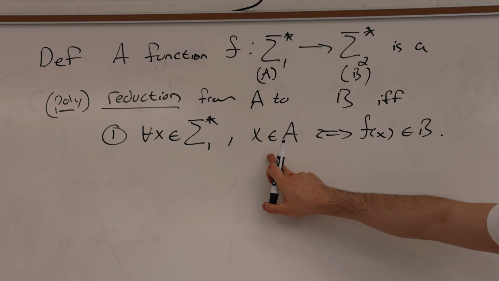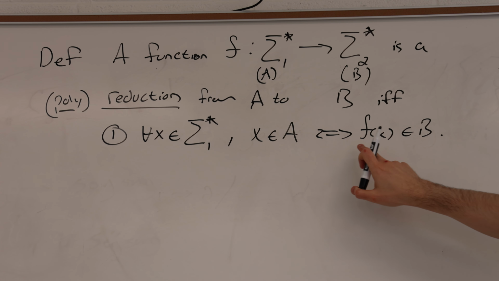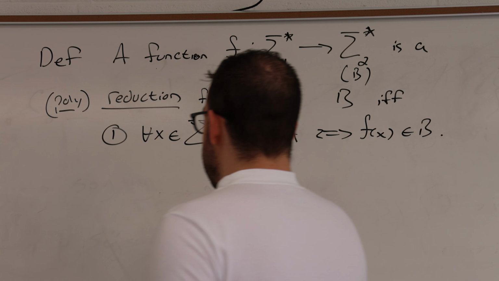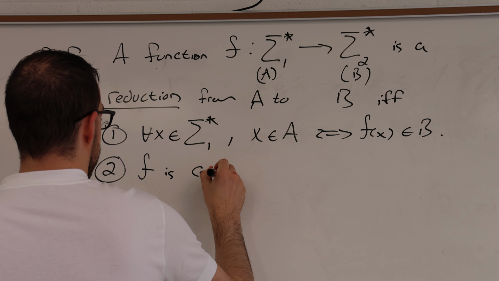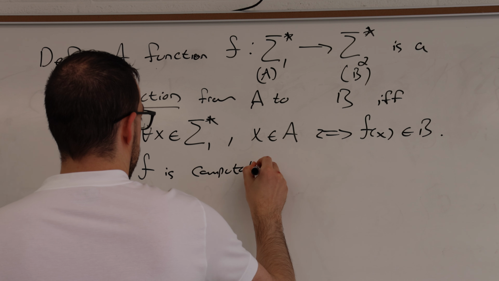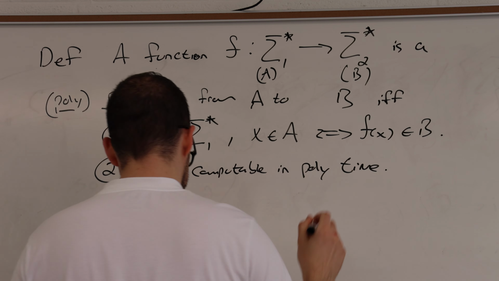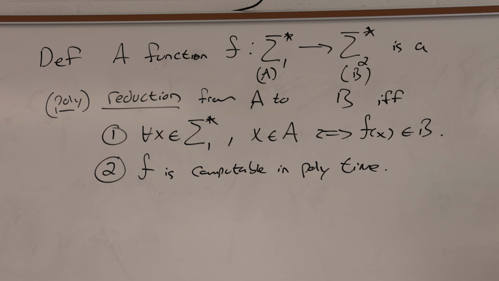Given a solution to A, this implies that we also have a solution to B. And I'll write that down in a moment. The second condition that we need is that f itself is computable in polynomial time. So that's the polynomial part of this reduction.